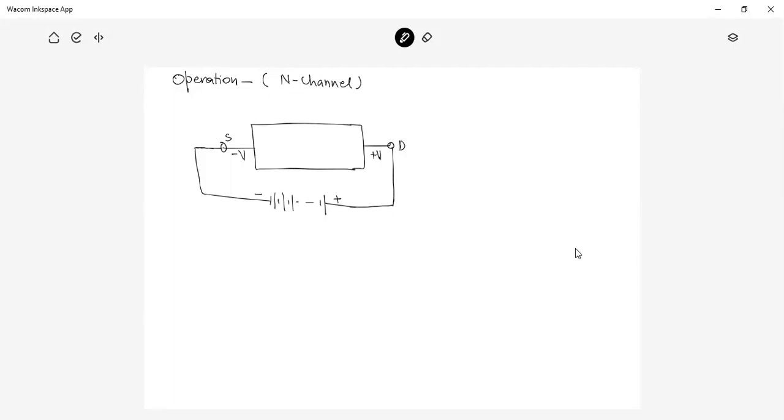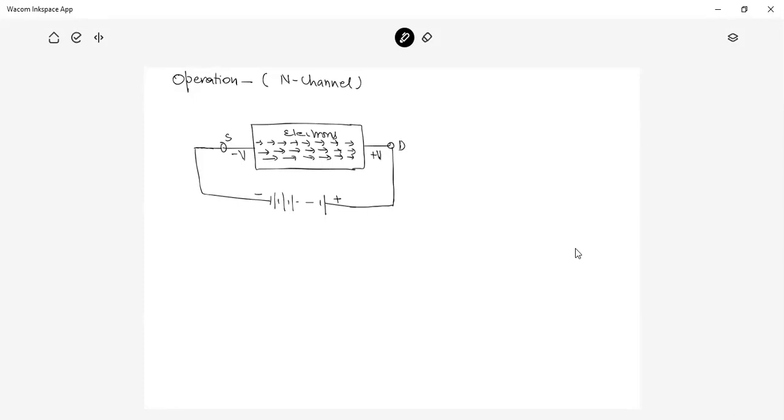So what will happen? Electrons are flowing from source to drain. These are the electrons.